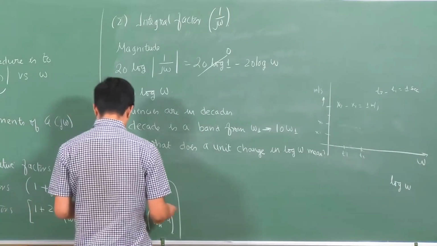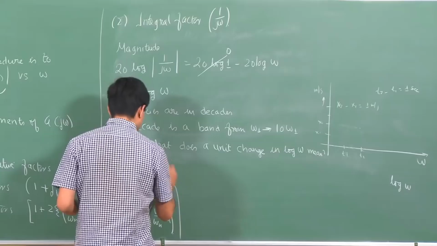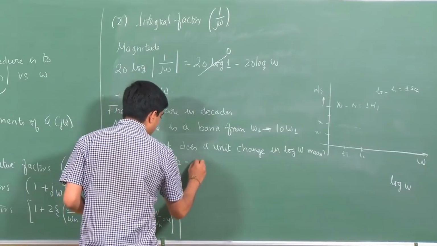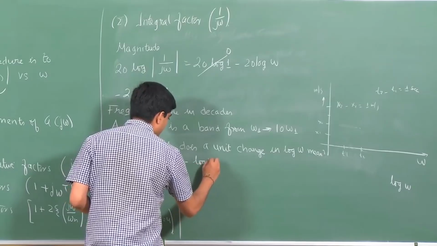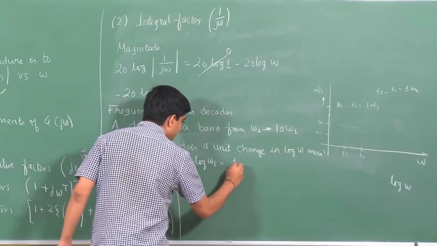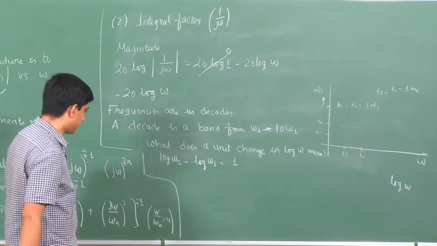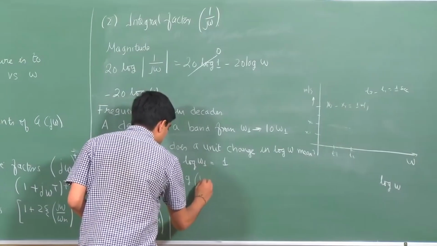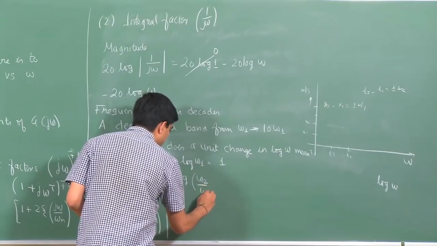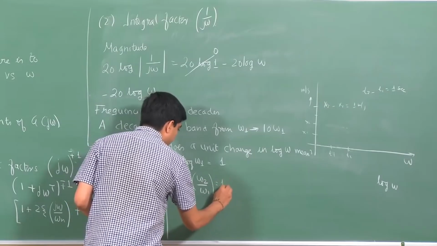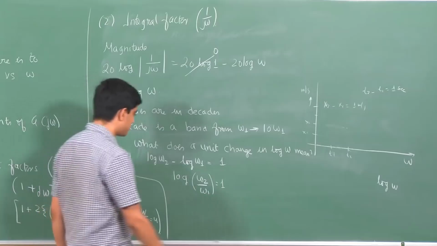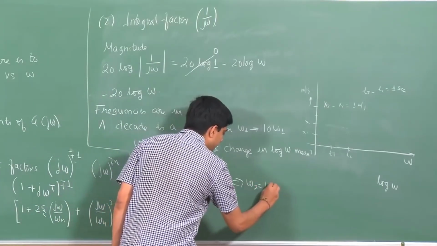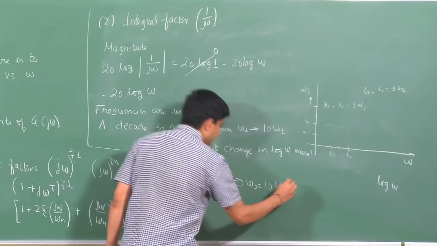So log of omega 2 minus log of omega 1 is 1, the unit change. This is also written as log of omega 2 over omega 1 is 1, which means that omega 2 is 10 times omega 1.